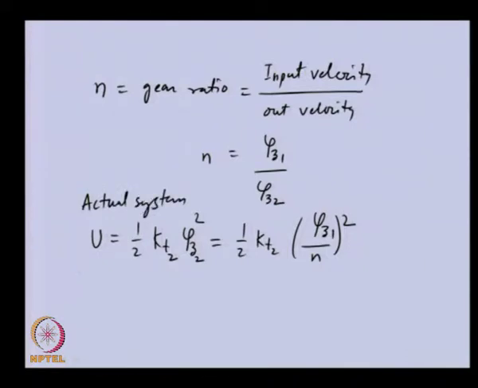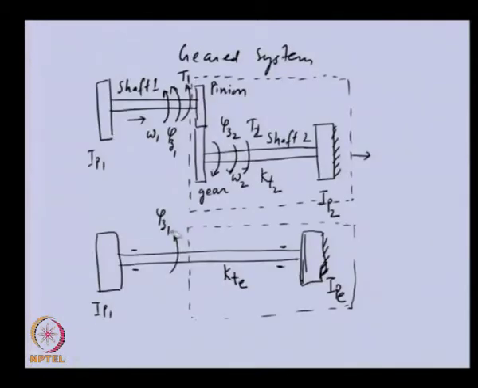For the equivalent system, we can obtain a similar strain energy. The torsional stiffness of the equivalent system is KTE, and here again, whatever angular displacement we give at this point, the same displacement this particular shaft receives.